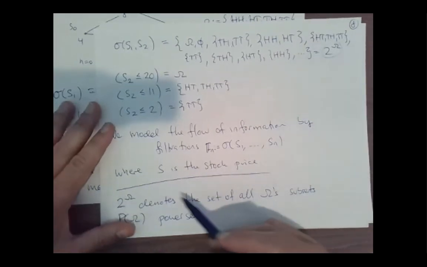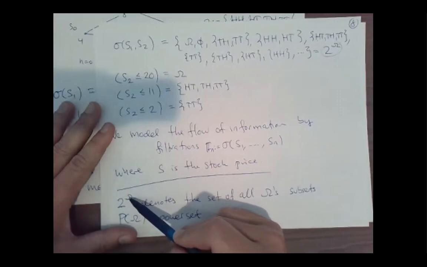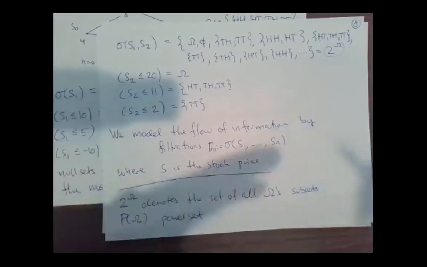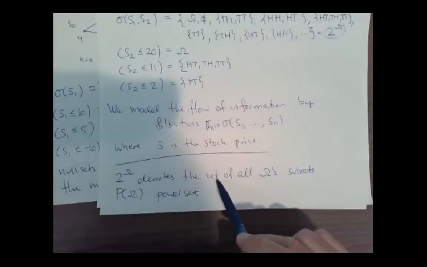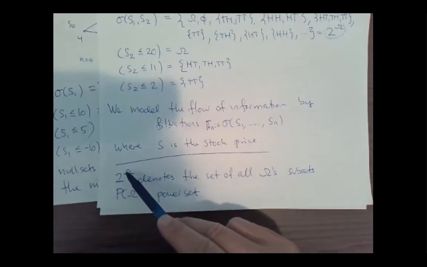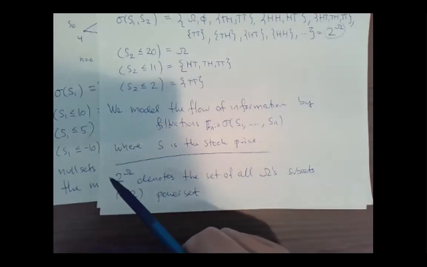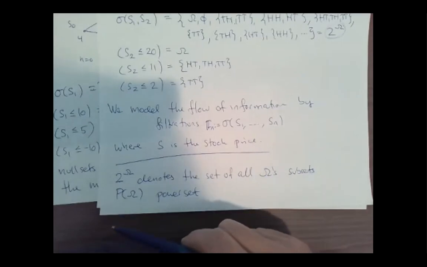The reason that it's written this way is just to remind you that if I were to count how many sets there would be in this collection of subsets, you would get exactly 2 to the omega when omega is finite. When omega is infinite, then that's a different story.